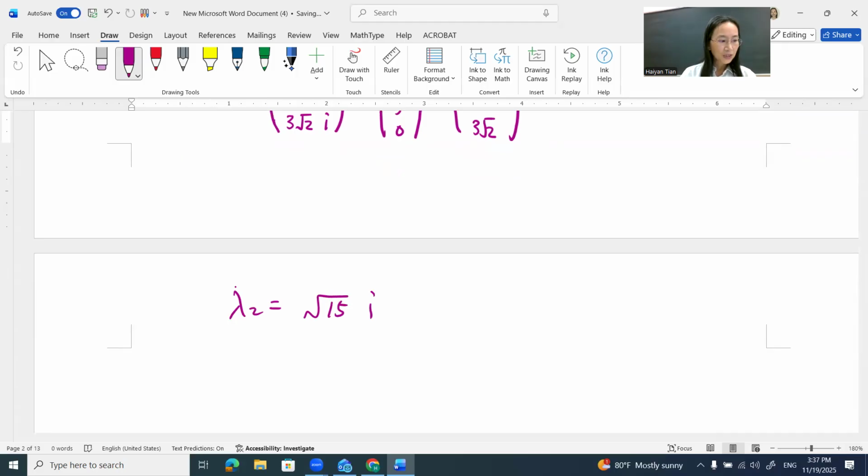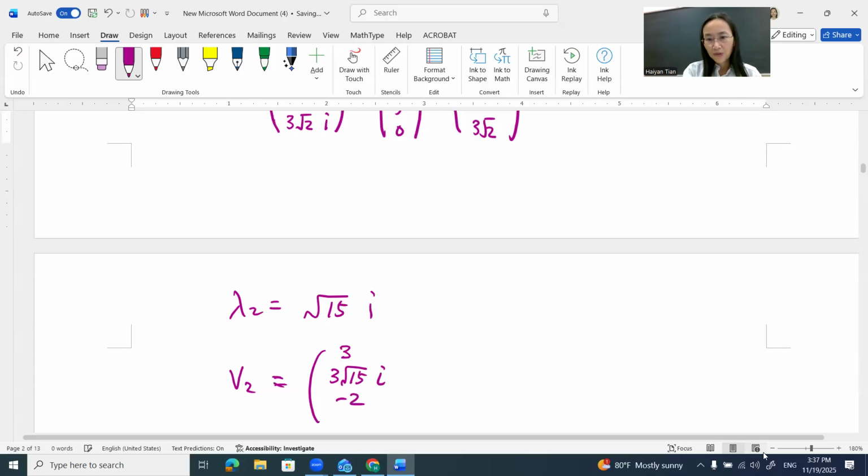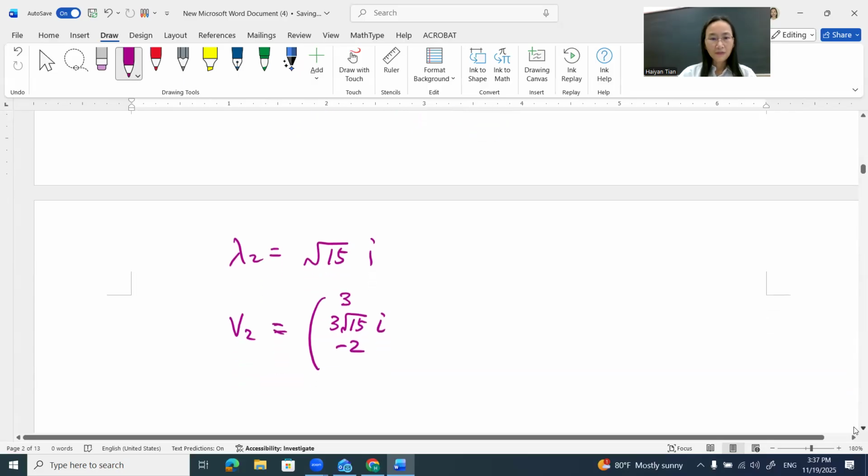And one of its corresponding eigenvectors is this one. Because we know the eigenvector is not unique, we just provide one eigenvector corresponding to this eigenvalue.